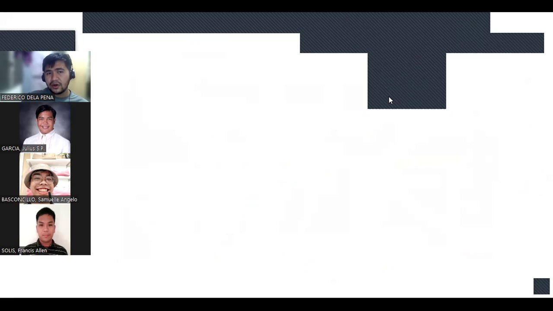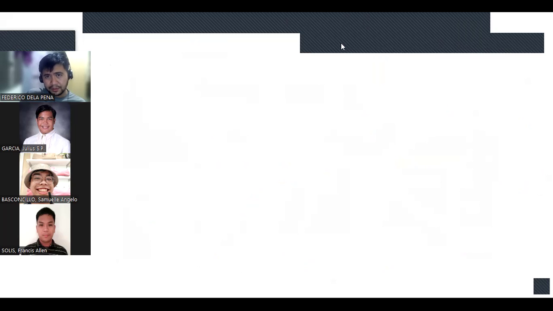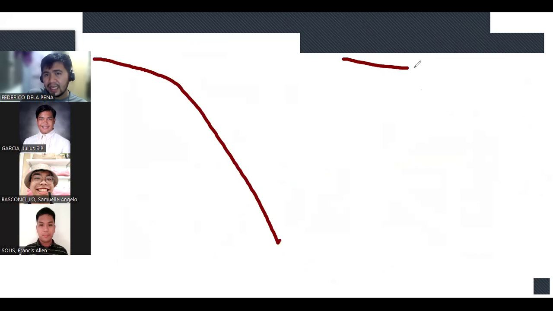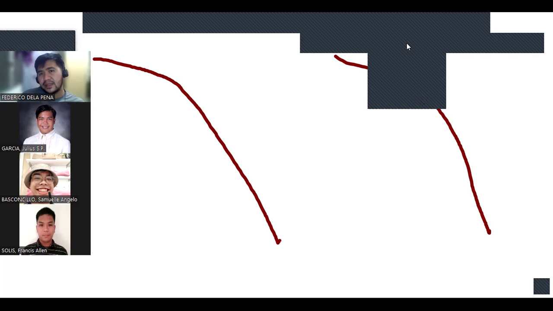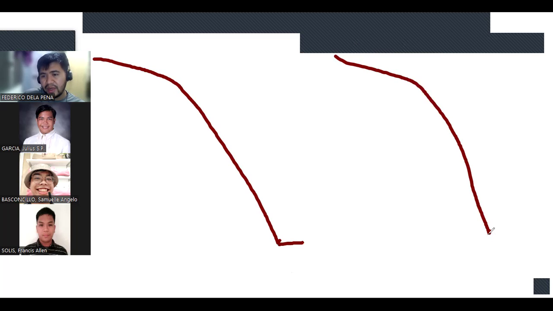All right, let's draw two rock slopes. Let's say you have two rock slopes that are more or less identical, and then you have two discontinuities that are different. This is the side view of the two rock slopes.